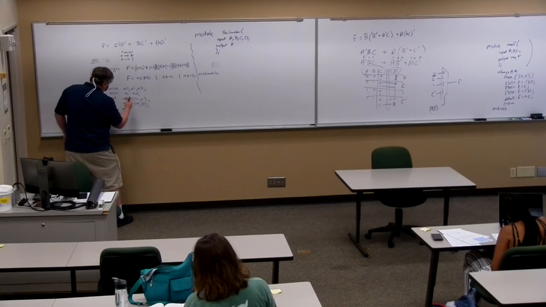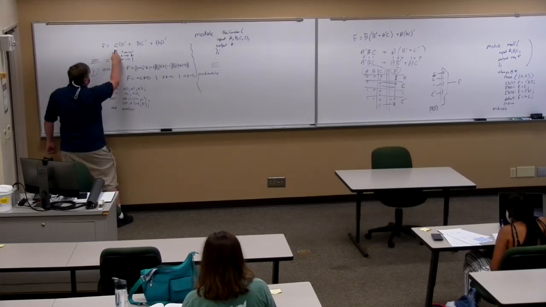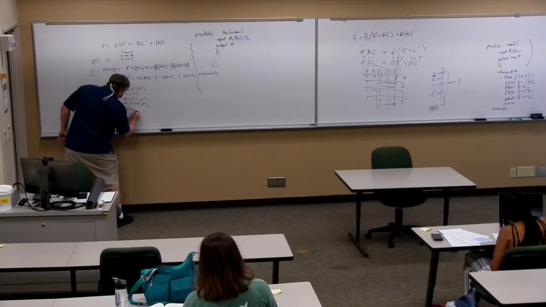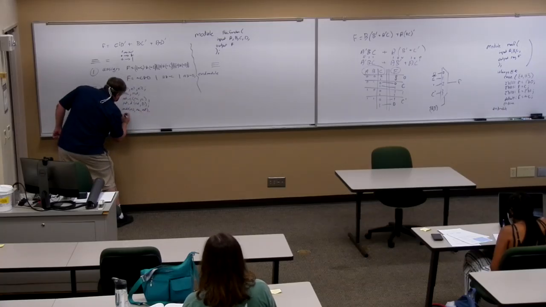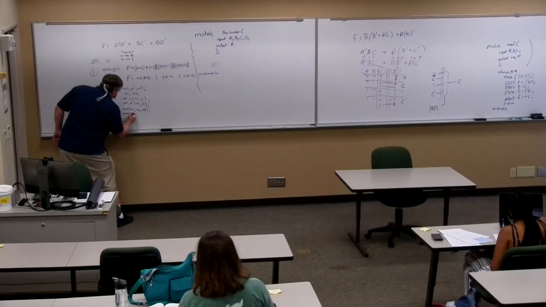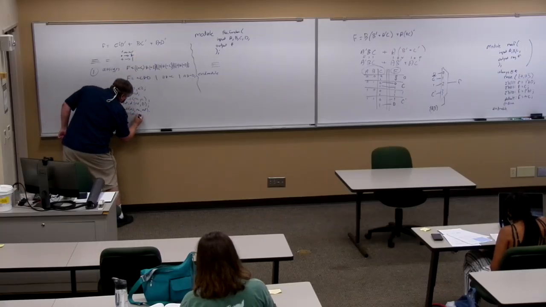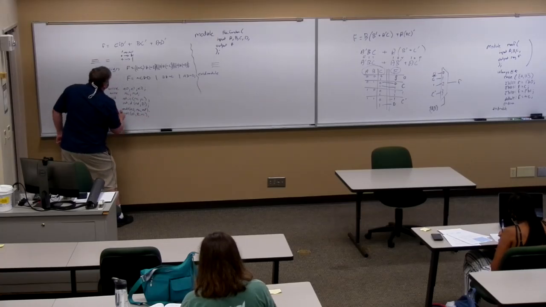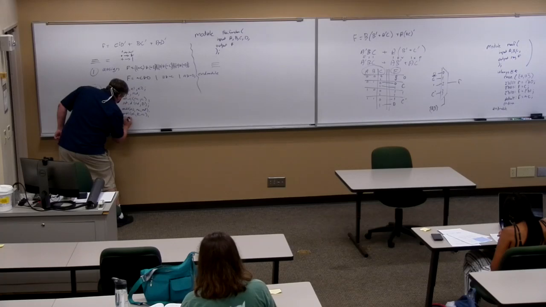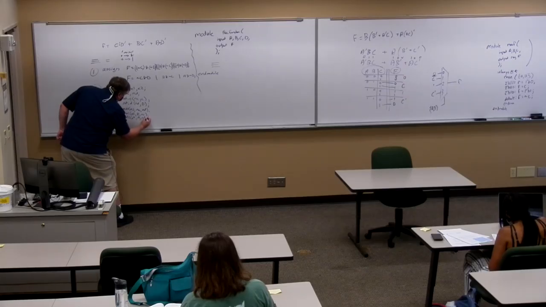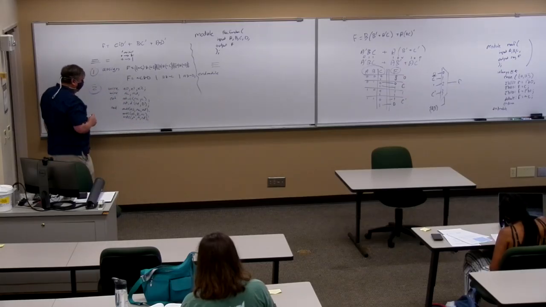AND0, I'm going to output to E0, and the inputs are NOT C and NOT D. AND1 will output to E1, and it gets B and NOT C. And then I've got AND2, which will go to E2, and it wanted A and NOT D. That was the last of my AND gates.